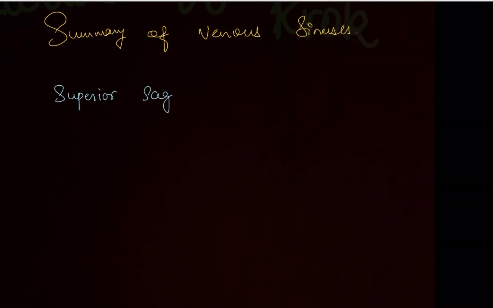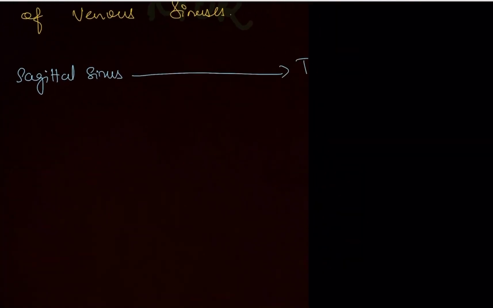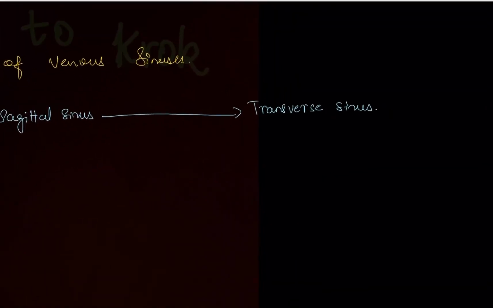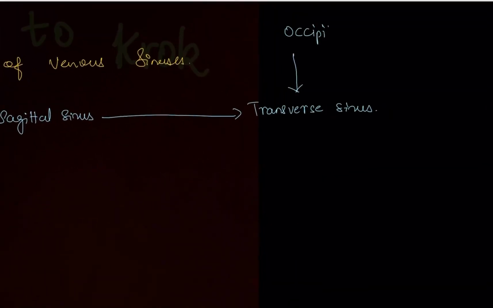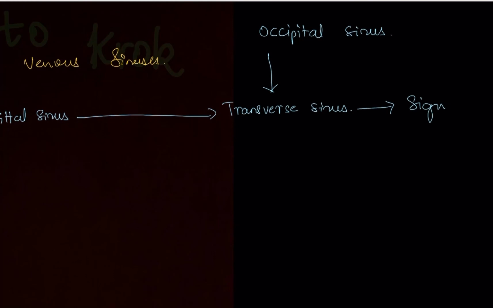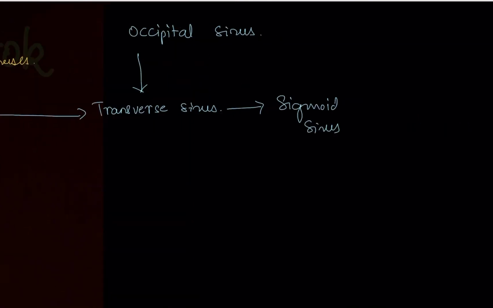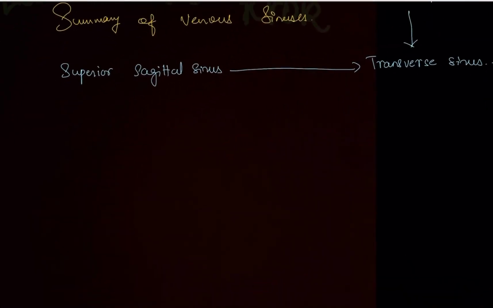Superior sagittal sinus goes and drains into a structure called transverse sinus. In the transverse sinus will drain one more thing, that is occipital sinus. And this transverse sinus will then form the sigmoid sinus, which will then form the internal jugular vein.